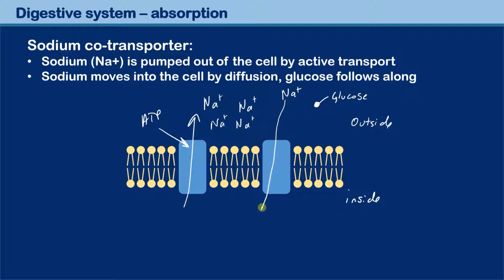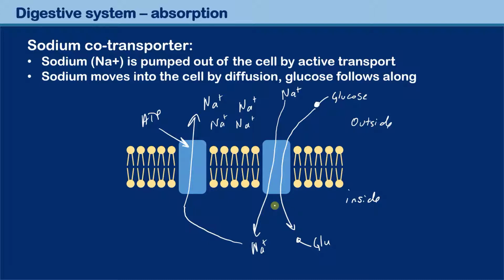So as the sodium diffuses in, the glucose is taken along. So we have Na plus over here and the glucose over here. And this Na plus then, of course, is again actively pumped out of the cell. And this is called the co-transporter because sodium and glucose are transported through the membrane at the same time.